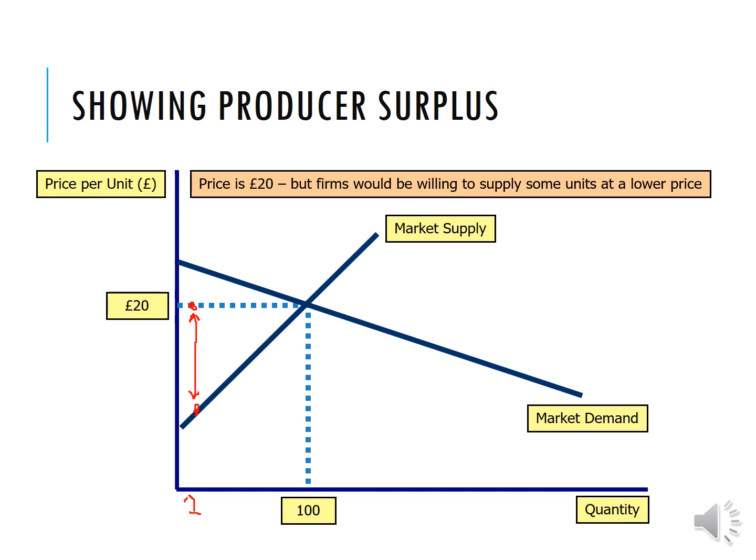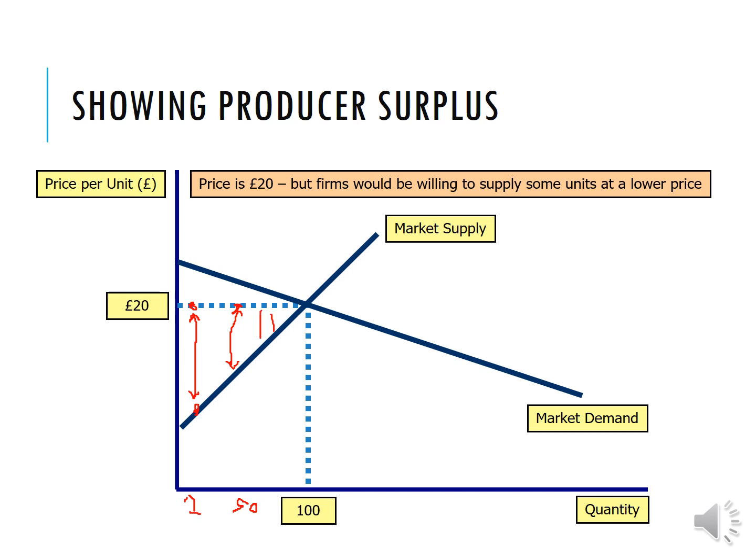They would have sold it for this low price, they actually sell it for the £20, and so there is value for the supplier. Let's have a look at perhaps the 50th unit. Here they receive £20 for the unit because that's the market price, that's what they're selling all their products at, but they would be willing to sell for a lower price. So again, the gap here represents value to the supplier.